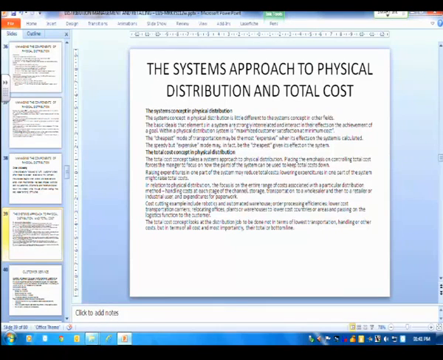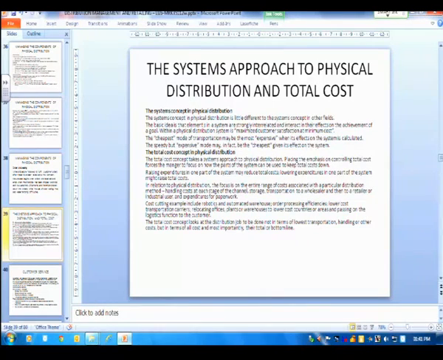In relation to physical distribution, the focus is on the entire range of costs associated with a particular distribution method: handling costs at each stage of the channel, storage, transportation to a wholesaler and then to a retailer or industrial user, and expenditures for paperwork.